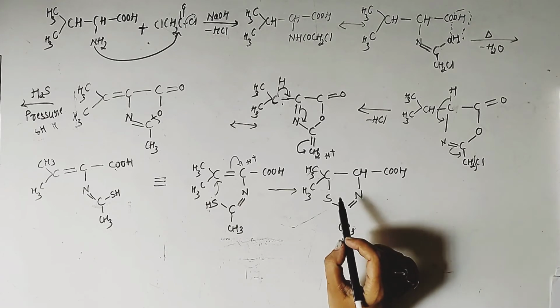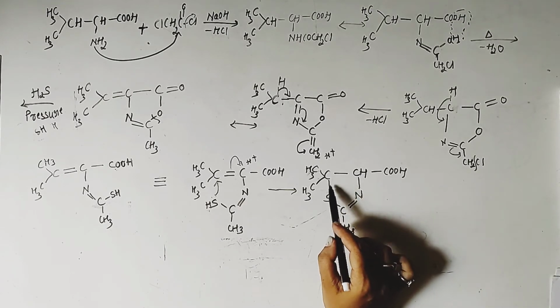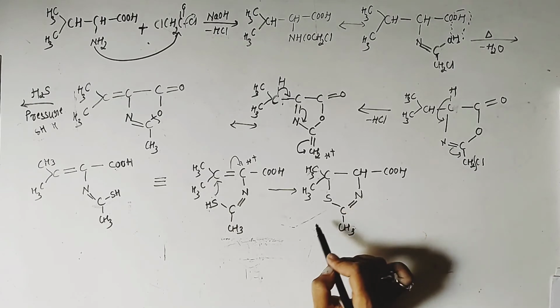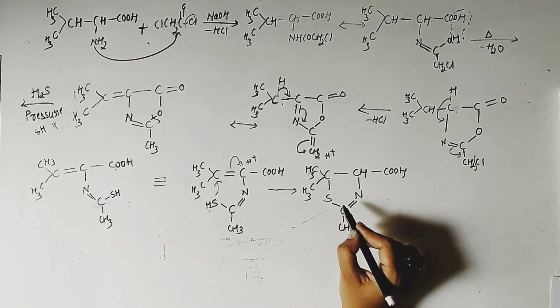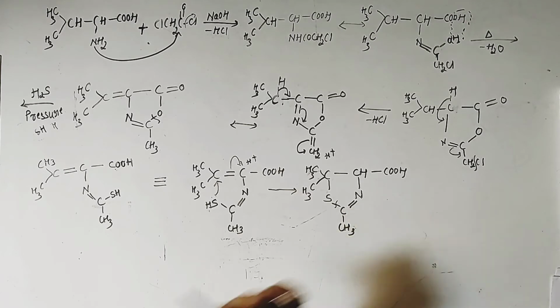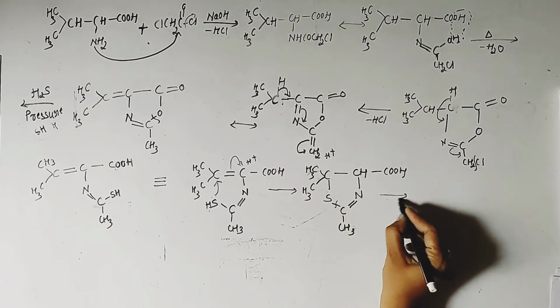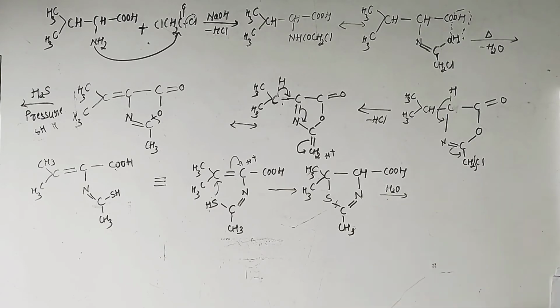Now we just want the thiol group in this position. For that we need to break the bond between carbon and sulfur. That can be done by the process of hydrolysis, in the presence of a water molecule.